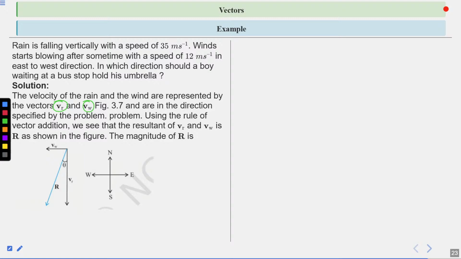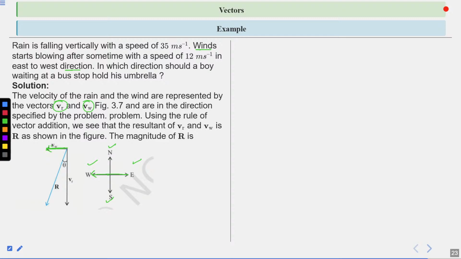Wind starts blowing after some time in the east to west direction. Look at here: north, south, east, west. East to west means like this. So this is the direction of wind.